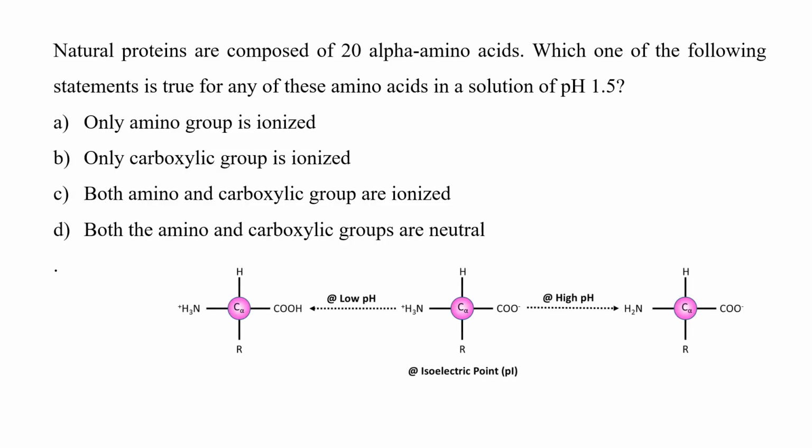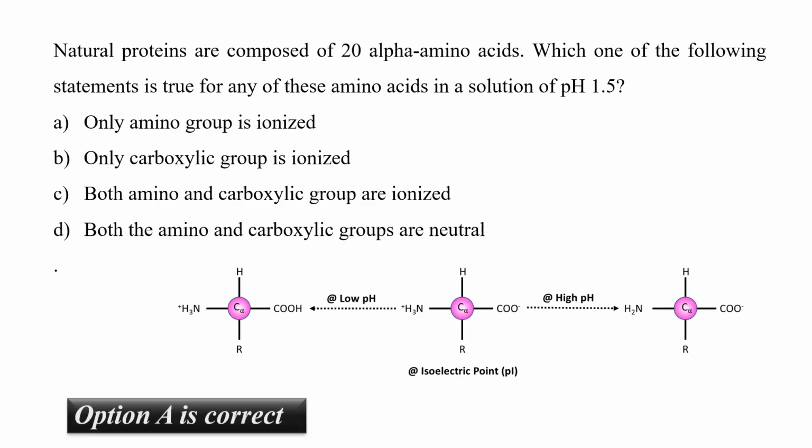Always remember, every amino acid generally develops a net positive charge at acidic pH, where the amino group is protonated, and a net negative charge at high pH because the carboxylic group gets deprotonated. So option A has to be the correct answer: whenever any amino acid is kept at a very low pH, only the amino group is ionized.